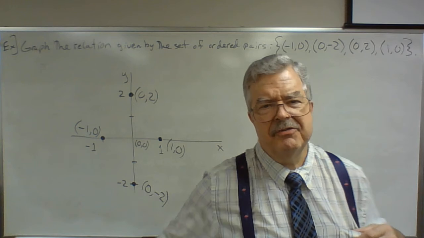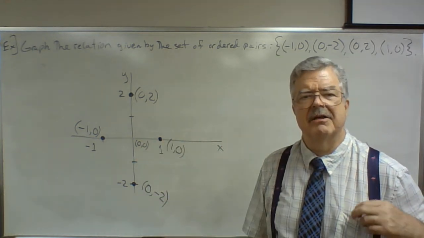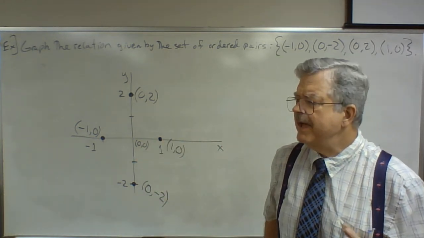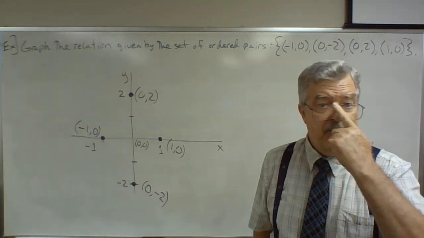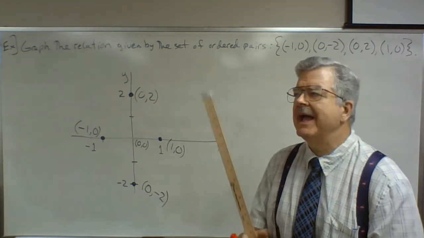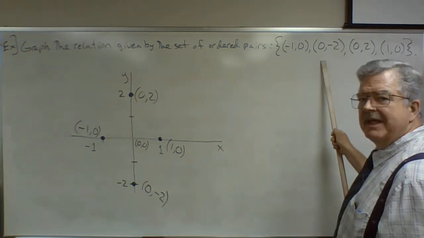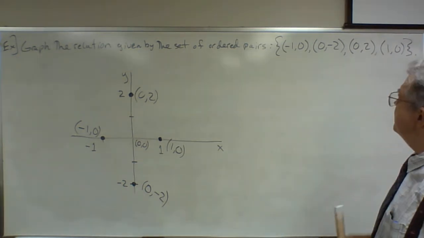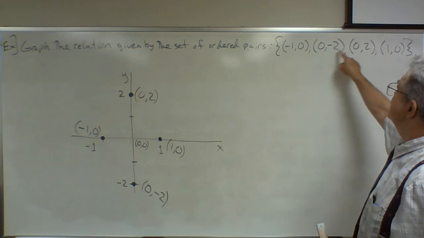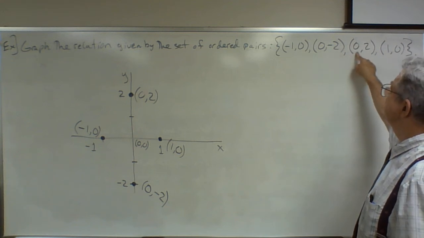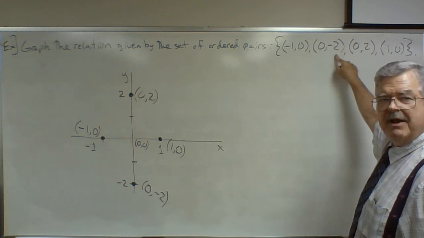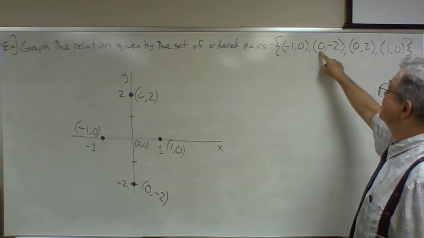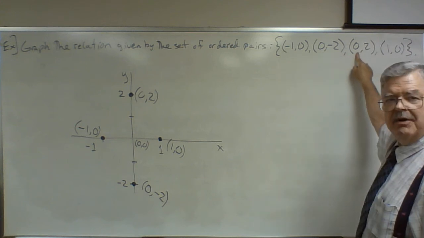Now, what is this picture trying to tell us? Well, let's go back about 2 minutes and remind ourselves of why this relation does not define a function. Remember, we had 2 ordered pairs in the relation with the same x coordinate.